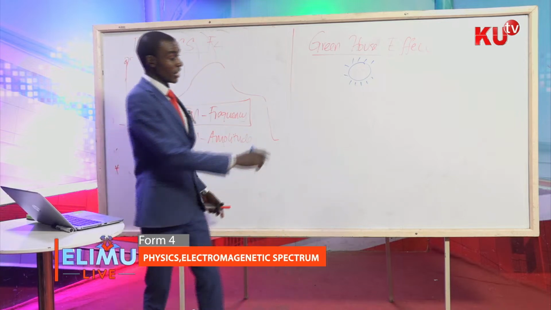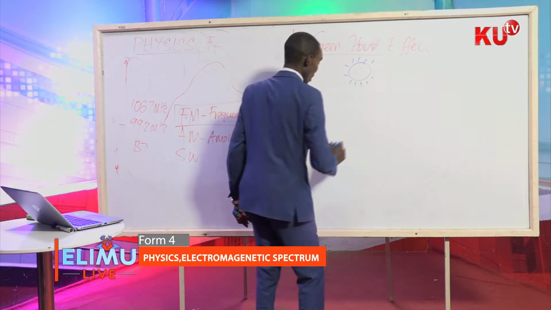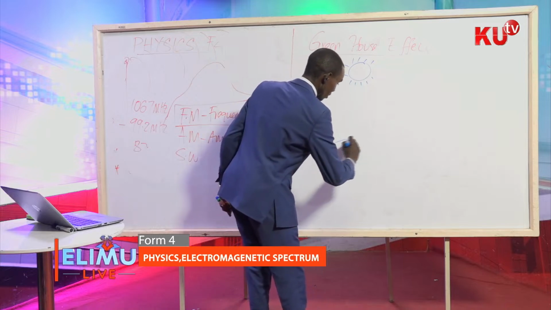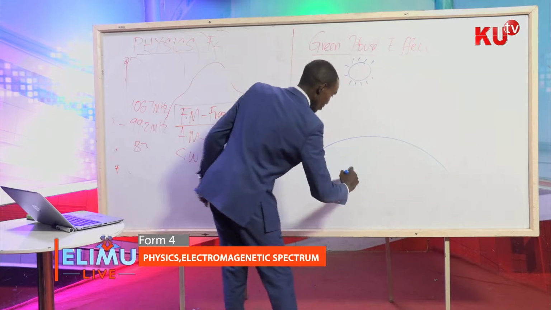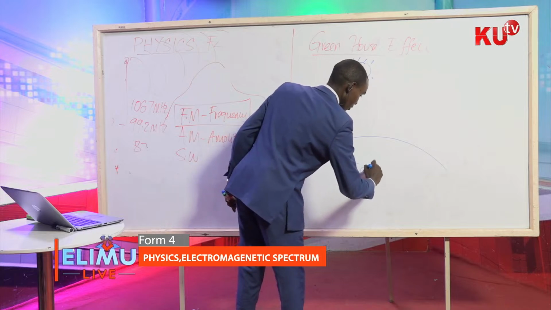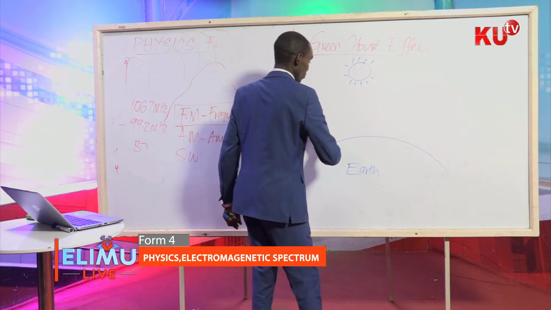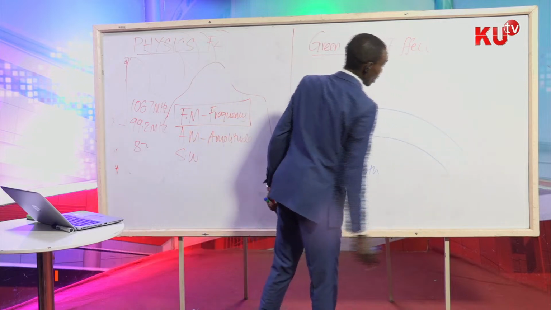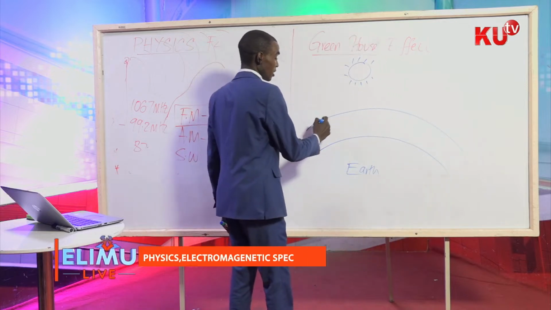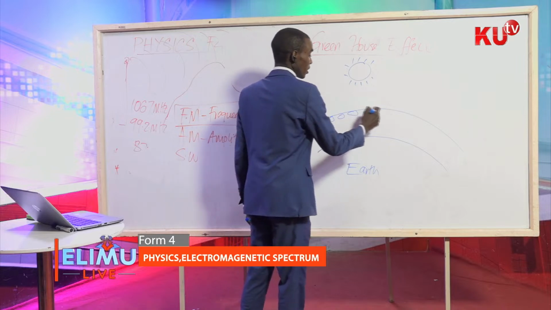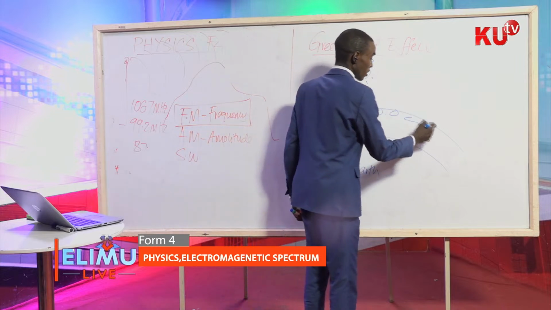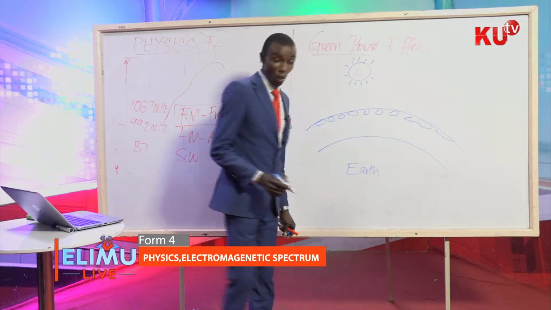So when the radiations and the rays coming from the sun hit the Earth's surface, so this is the Earth, and remember again, the Earth has got its atmosphere. And in the atmosphere, you expect things like clouds, things like moisture and so forth. So what happens?